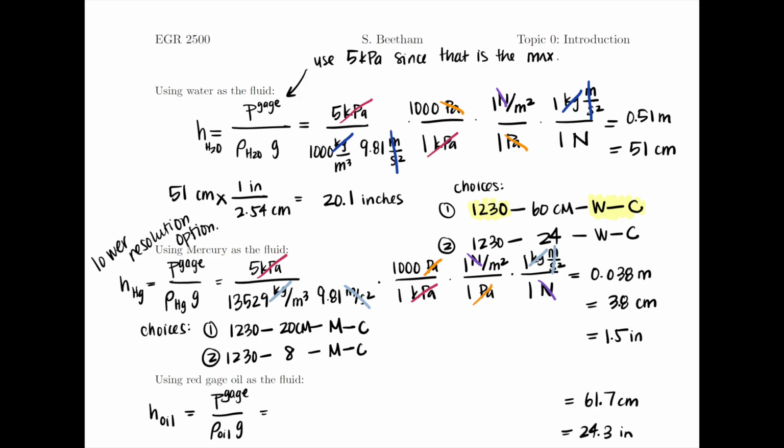And I know that 1 pascal is 1 Newton per meter squared. So I can now get rid of my pascal on the top and the bottom. I'm left with newtons per meter squared. And finally, I know that 1 Newton per meter squared is 1 kilogram per meter per second squared.